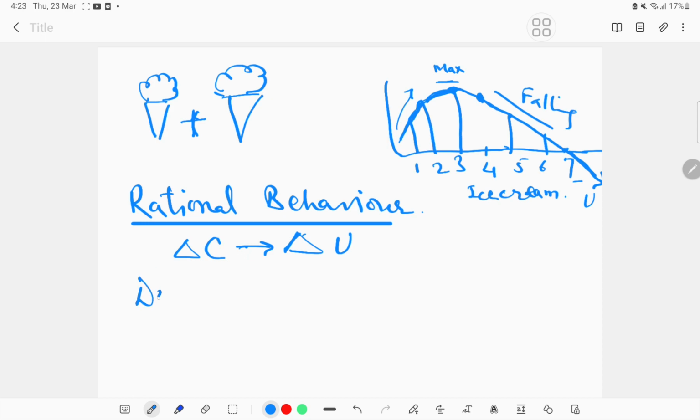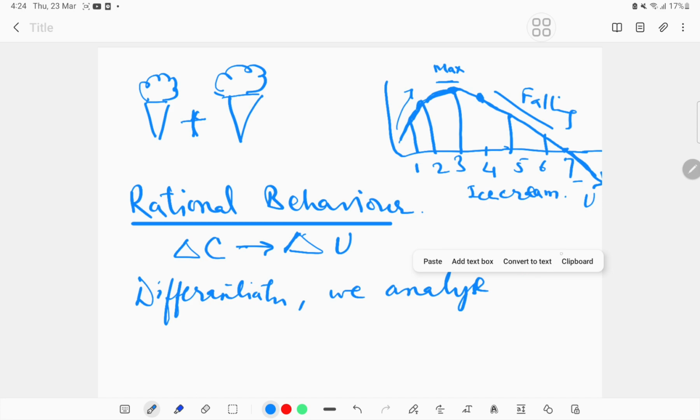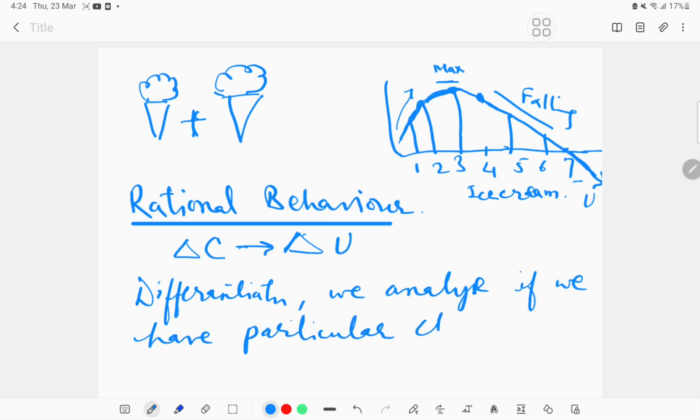So in the process of differentiation, we analyze if we have a particular change in a variable.